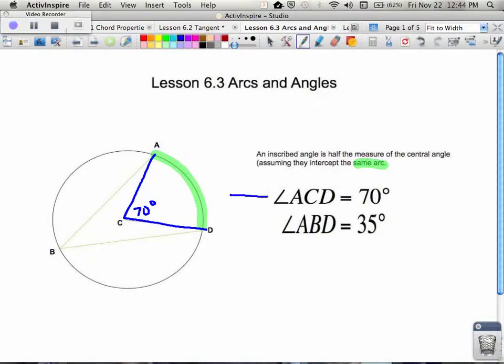But if I look at the inscribed angle, not the central one, but the inscribed angle ABD, which is intercepting, maybe is the better word, the very same arc, this angle will be half of that value, or in other words, 35 degrees. So an inscribed angle is going to be half of the measure of the central angle, considering they intercept the same arc.